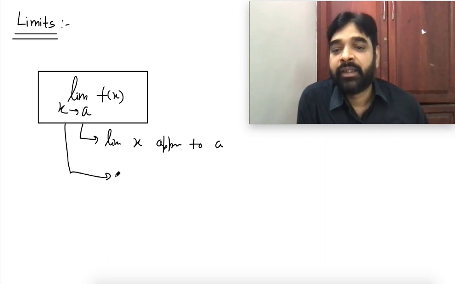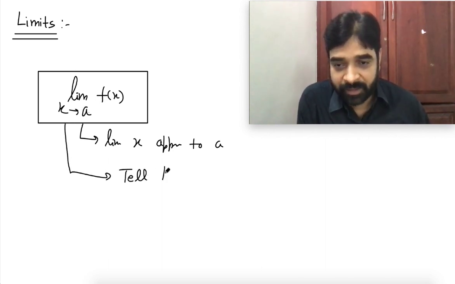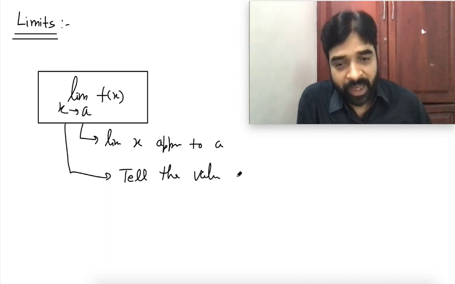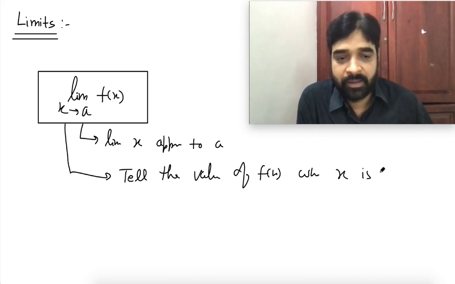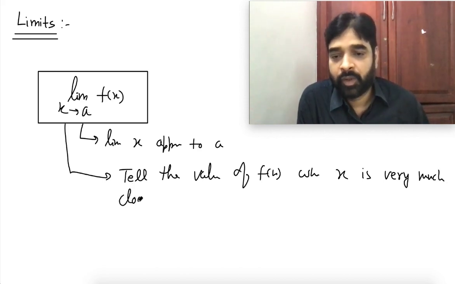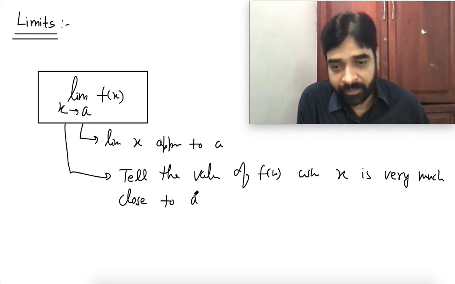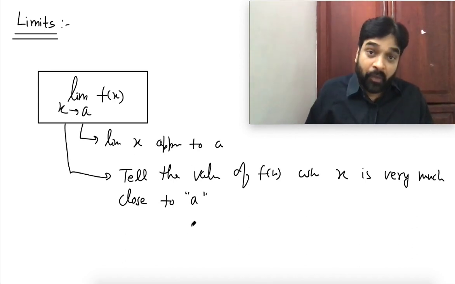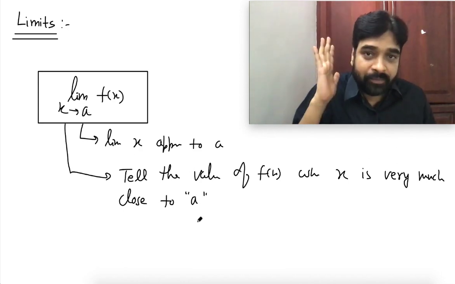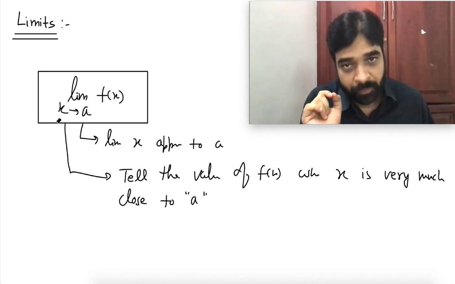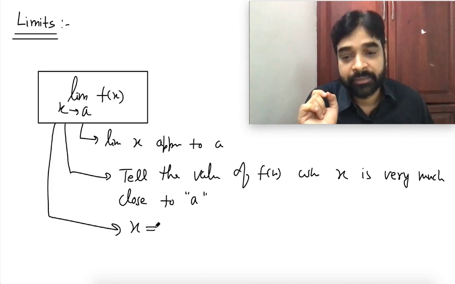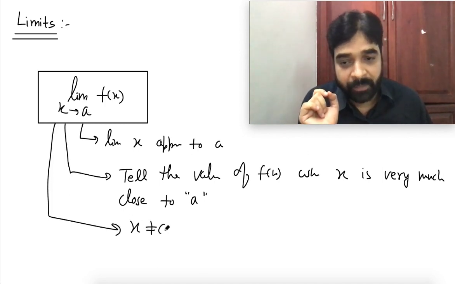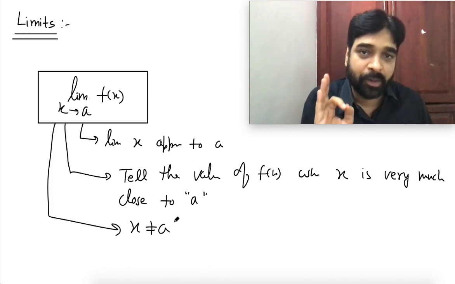This says, tell the value of f(x) when x is very much close to A. Tell the f(x) value when x is very close to A, which means 100% sure x is not A. x is not A. Be clear. This statement you always try to remember.